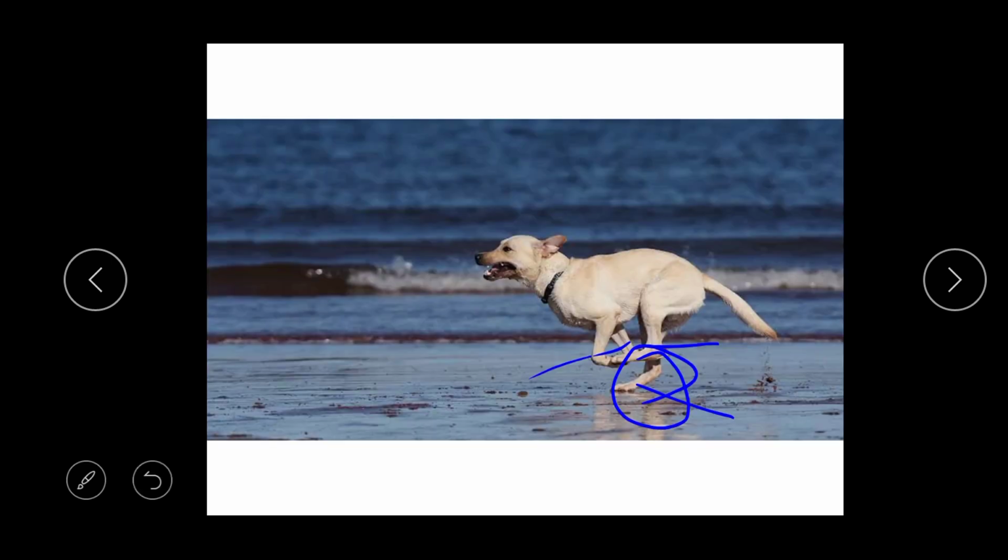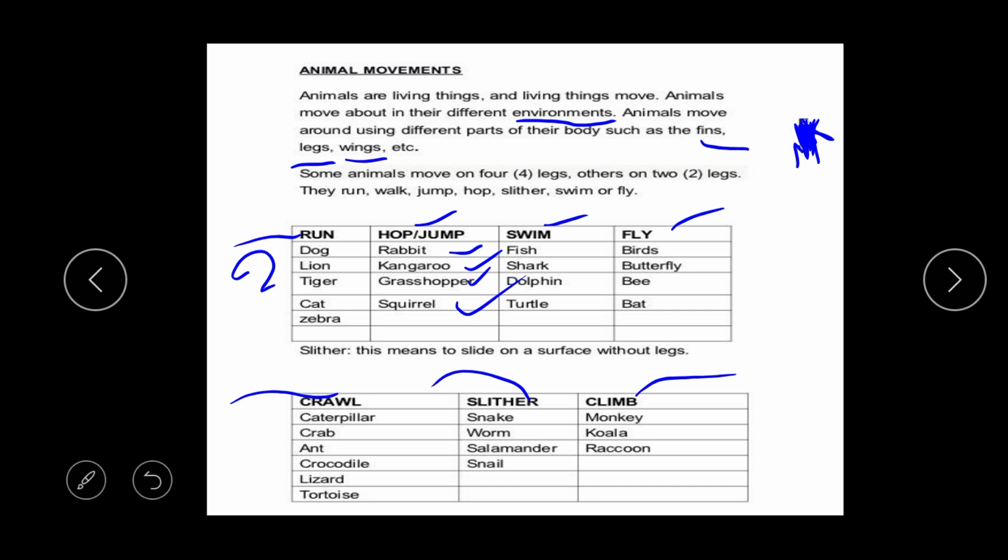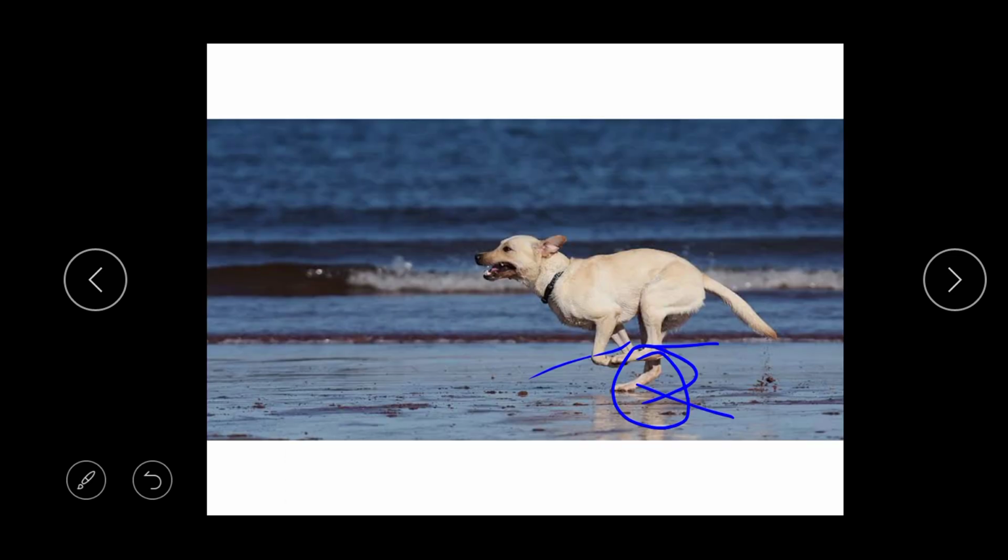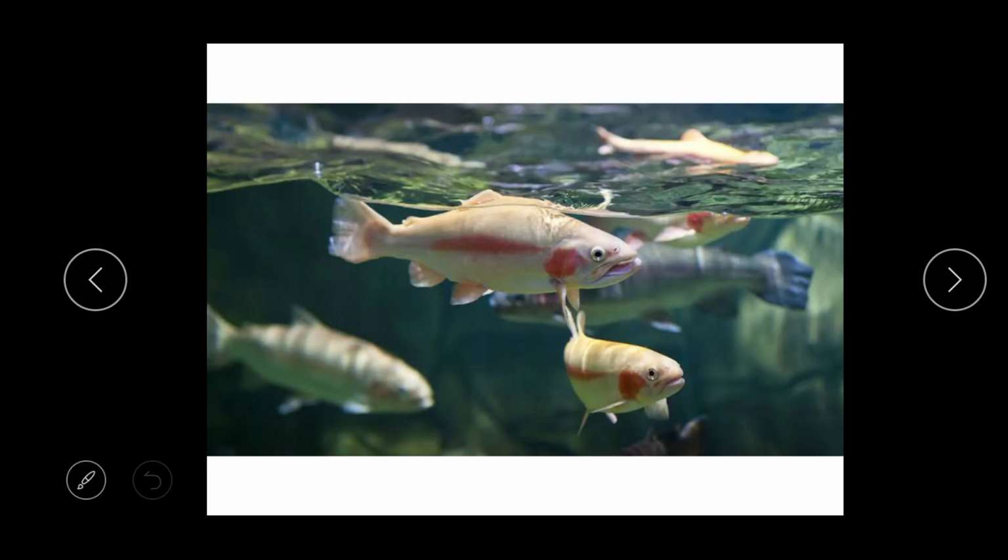Let's look at the next movement. Swim. Under swimming, you have fish, shark, dolphin, turtle. Let's look at these fishes. Another thing you have to know about swimming is you move the body through water.